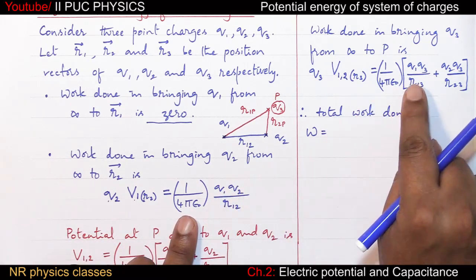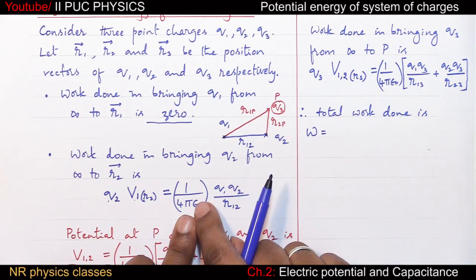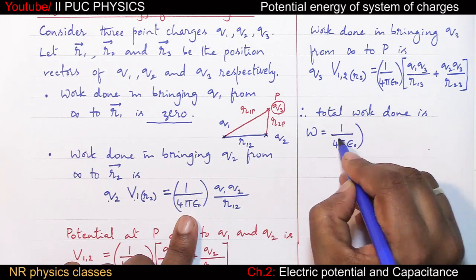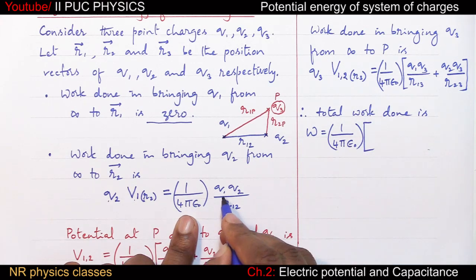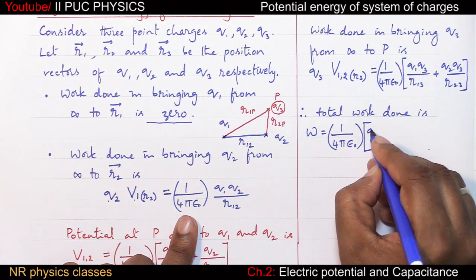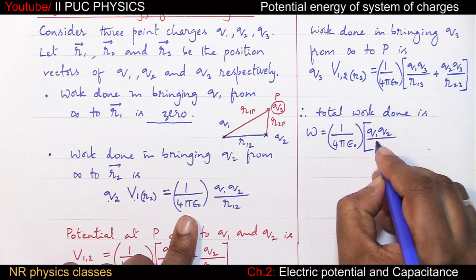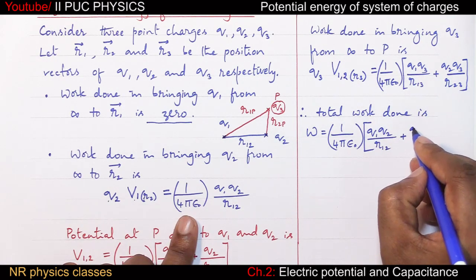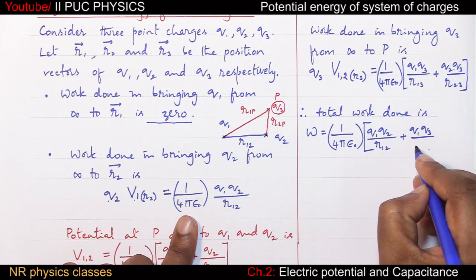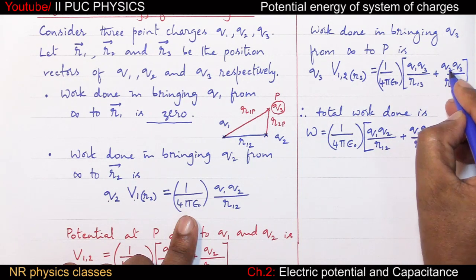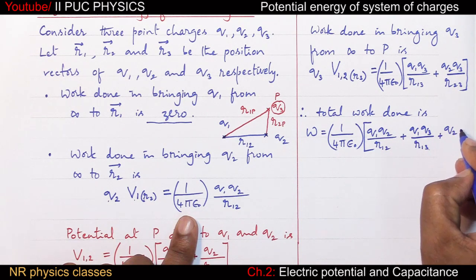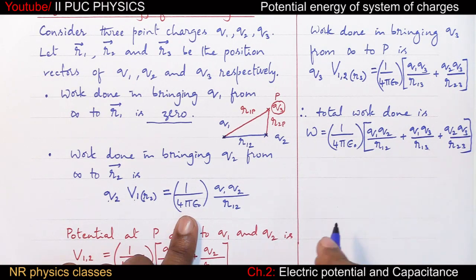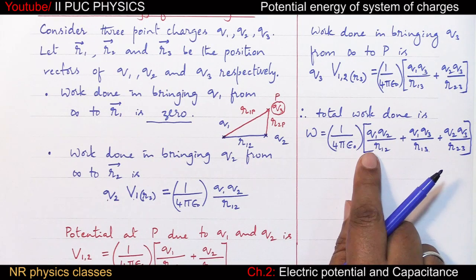Observe carefully. These two have this constant term as common factor. So 1 by 4 pi epsilon naught, Q1 Q2 by R12, Q1 Q3 by R13, Q2 Q3 by R23. So this is the expression for total work done.